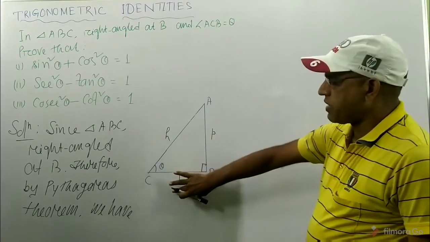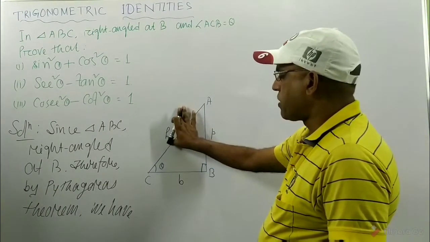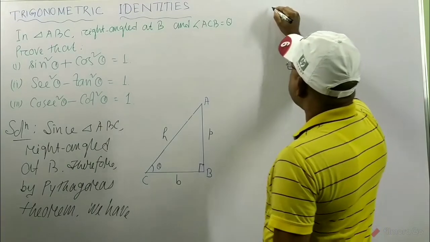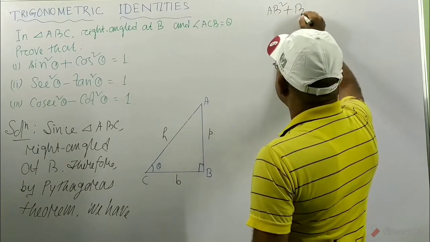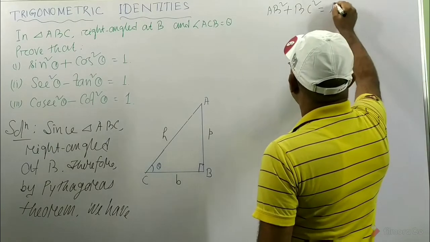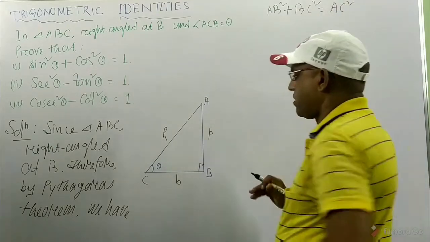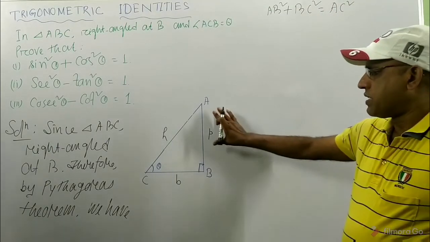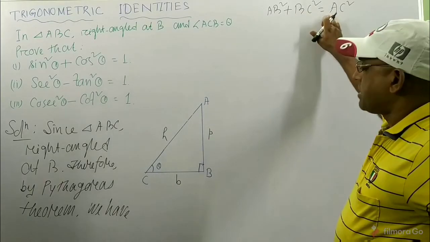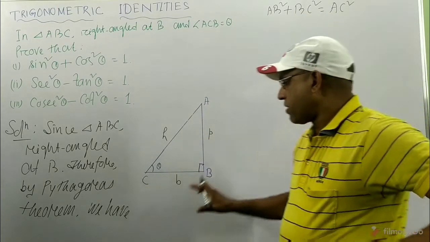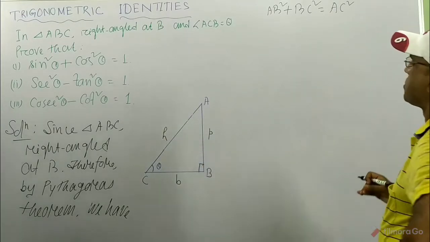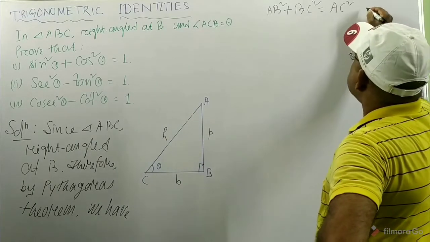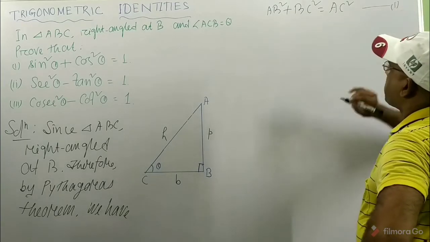Perpendicular square plus base square equal to hypotenuse square. We can write this because this is the Pythagoras theorem. Now this is number 1 we consider.